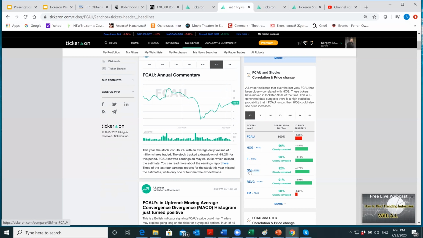Like, for instance, you see General Motors and Fiat Chrysler, 92%, almost the same. But you see these two, Ford and General Motors, are also highly correlated. And you see they grew kind of together. But this one went down. So that means you can buy this one and sell, for instance, Ford.